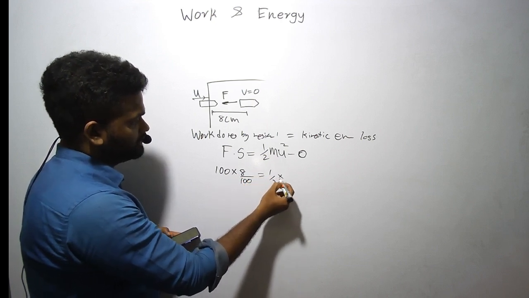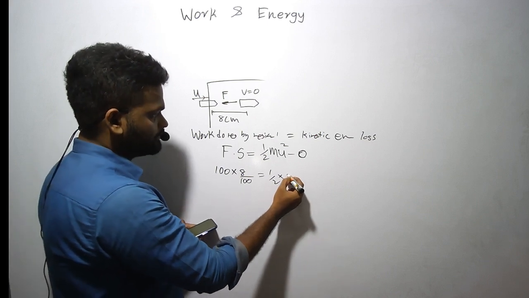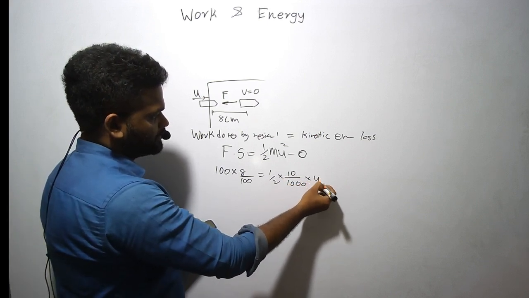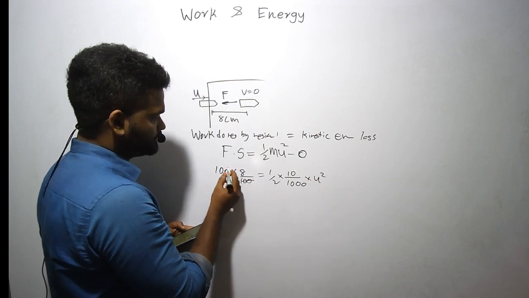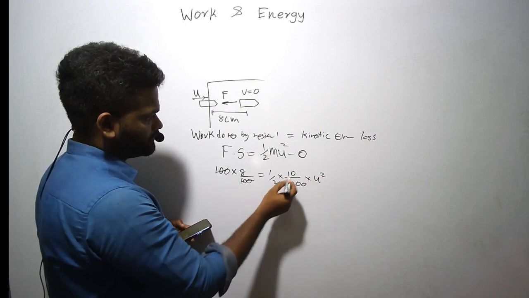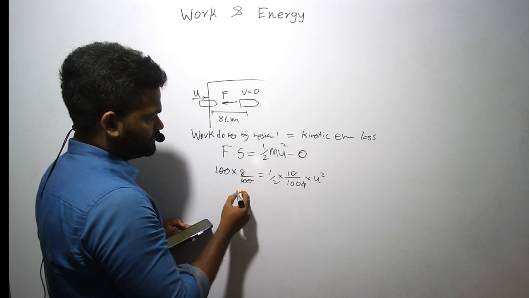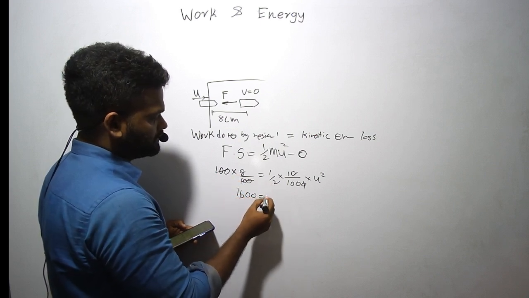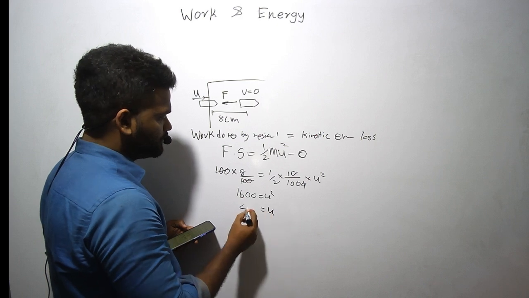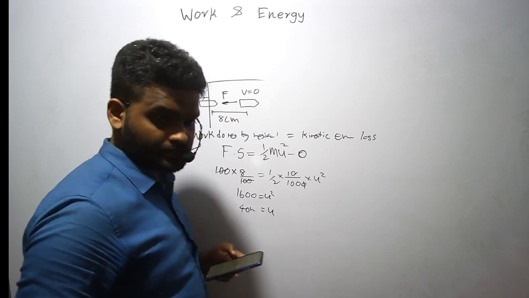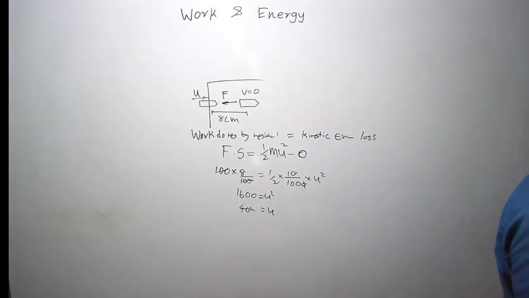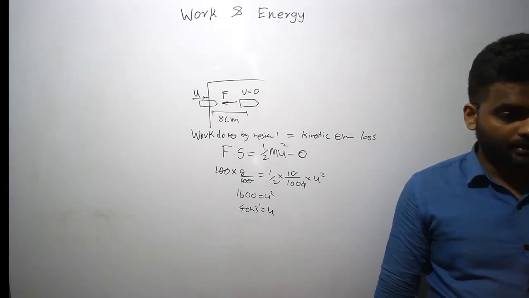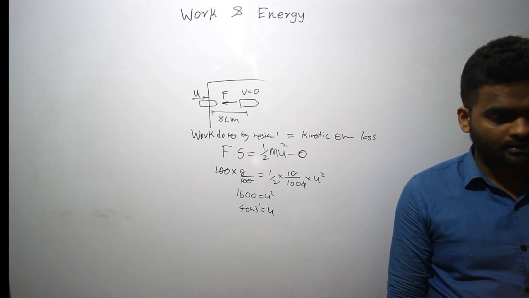Half, mass is 10 gram, convert to kilogram, u squared. Two times 8, 1600. So you get 40. Third one, right? Meters per second. Faros, did you take it? 40 meters per second. Understood?